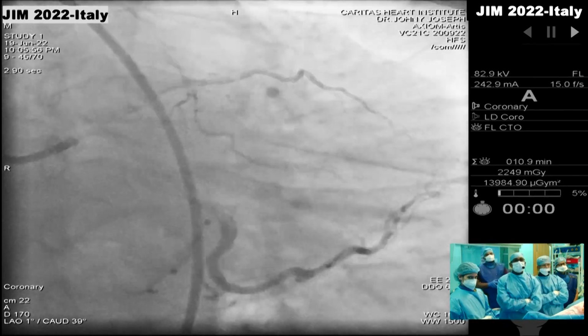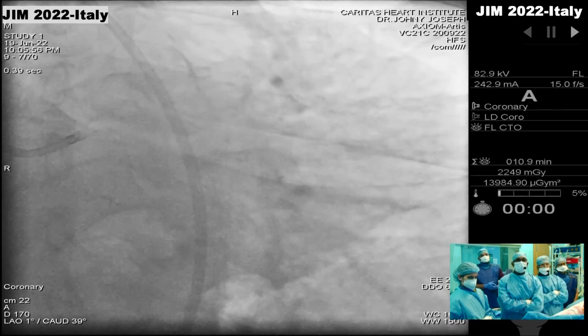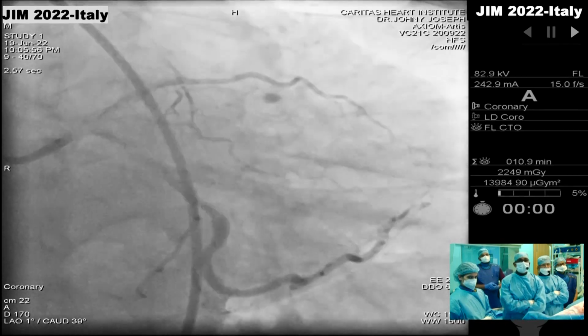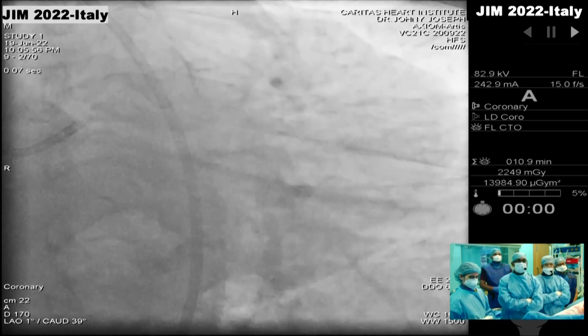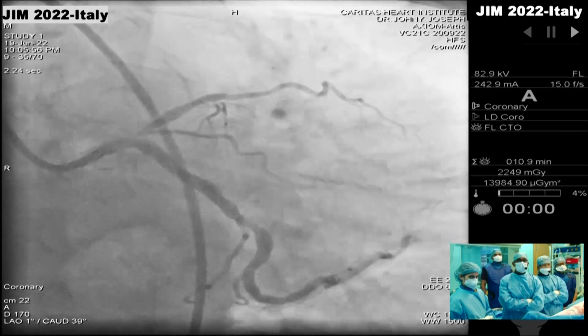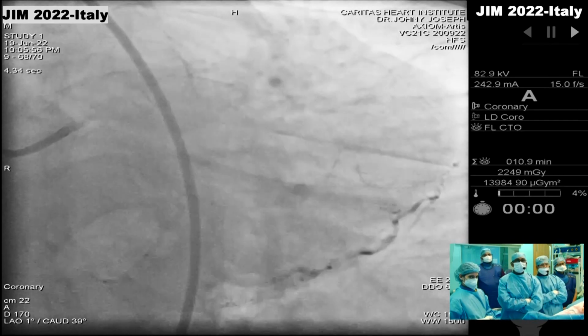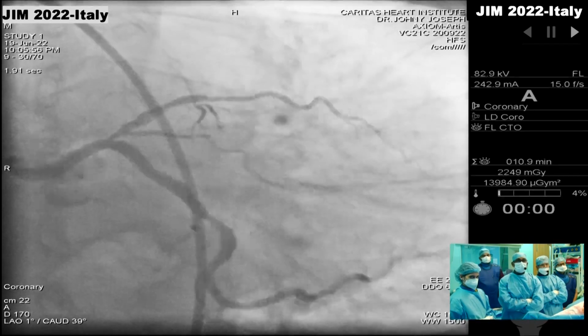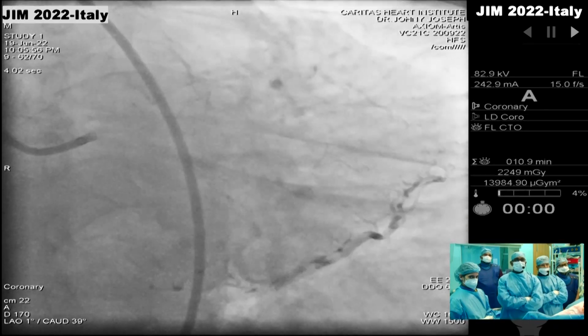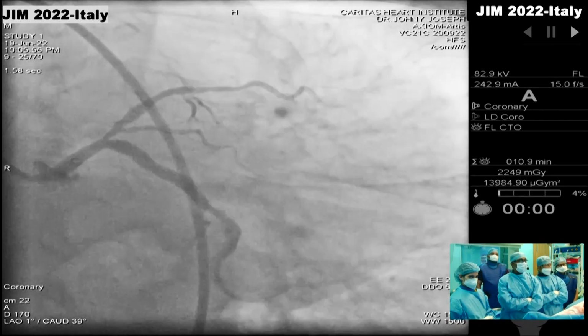Yes, certainly, Dr. Davidson, and thank you for showing these very clear images. So he's a relatively young patient, single vessel disease, excellent result a few years after a stent in the right coronary artery, but now there is disease progression and occlusion of the mid-LAD.